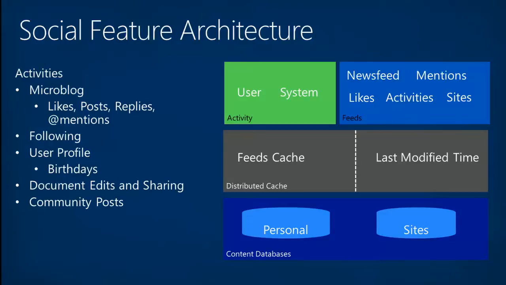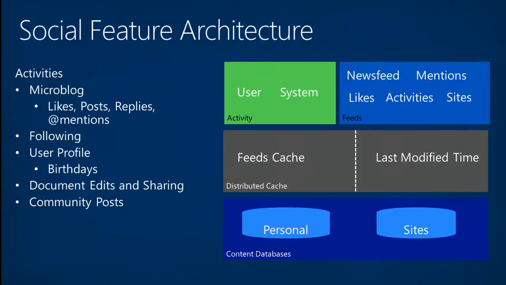So as a result of that, things are written to the content database for the My Sites, and they're also written to the sites where we have the news feed enabled. And then that information is also in the feed cache in some cases as well. And that all basically gives us the ability to really decouple the type of work that we did in 2010, where we had all of the social tagging information really stored inside that social DB.